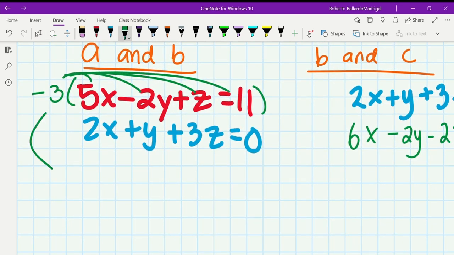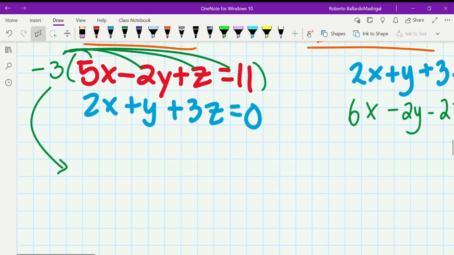So I'm going to rewrite this down here. Negative 3 and 5 makes what? Negative 15x. Negative 3 and negative 2 makes positive what? 6y.